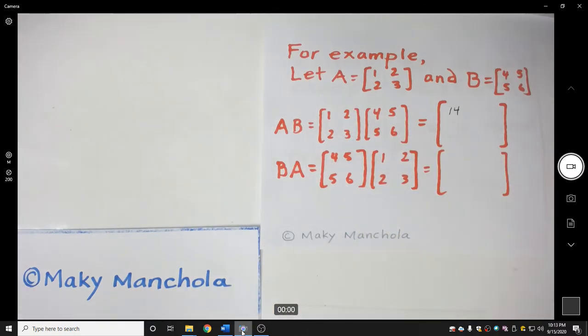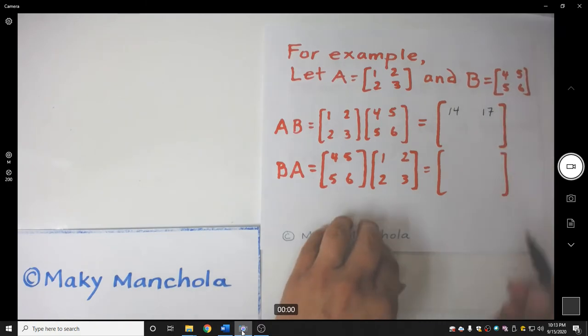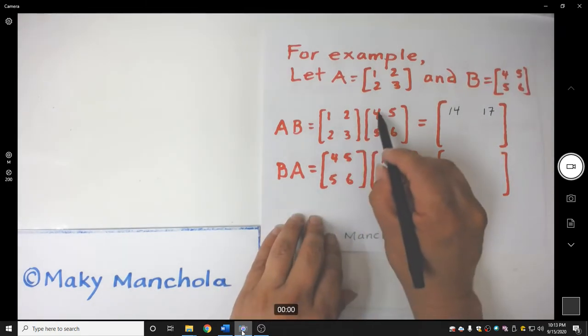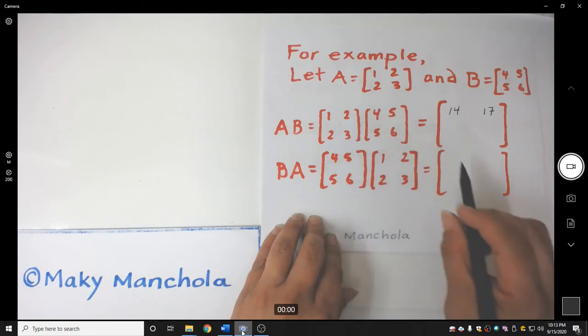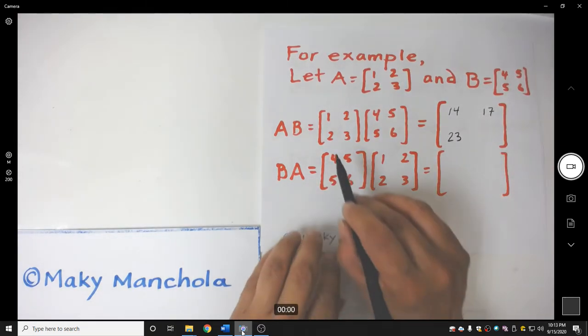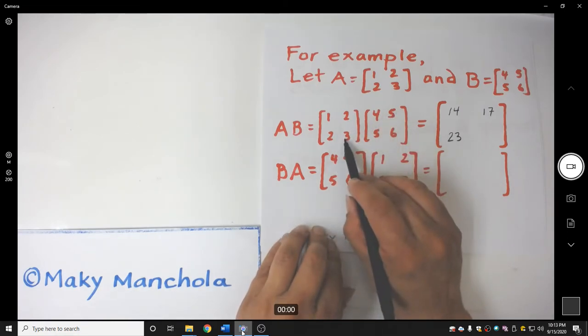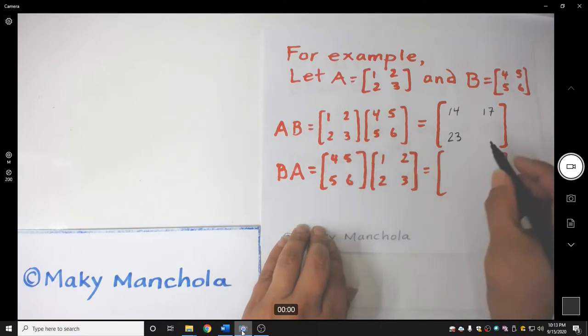When you add them, 5 plus 12, you obtain 17. 2 times 4 is 8 plus 3 times 5 is 15. 8 plus 15 is 23. 2 times 5 is 10 plus 3 times 6 is 18. So you get 10 plus 18, which is 28.